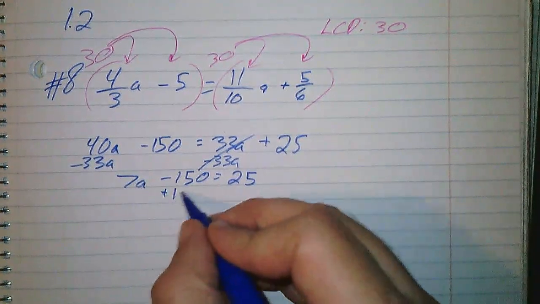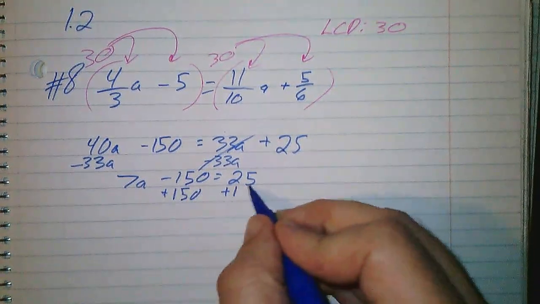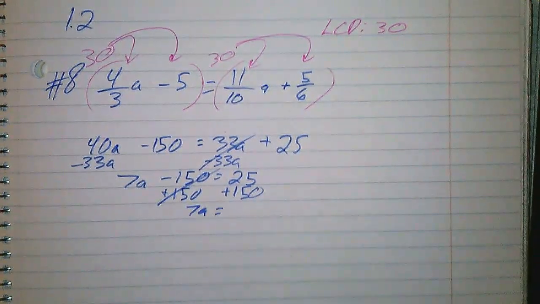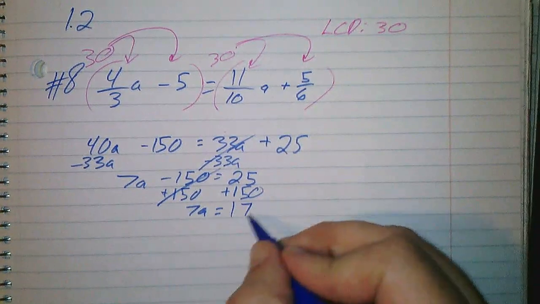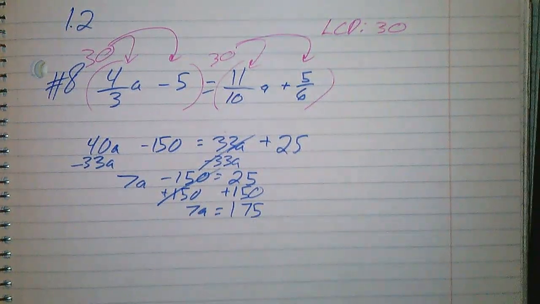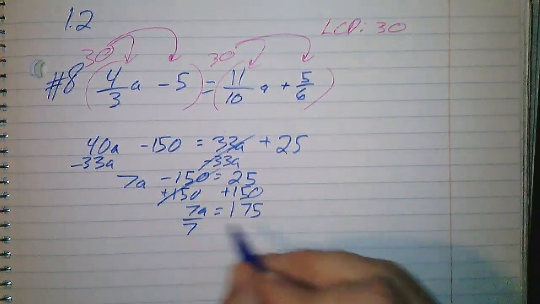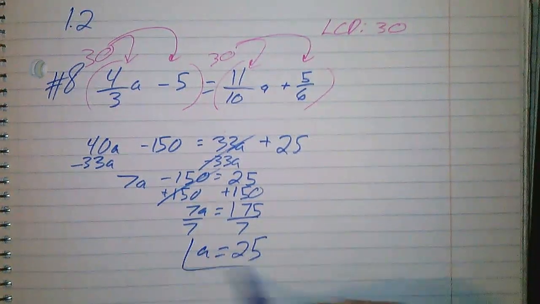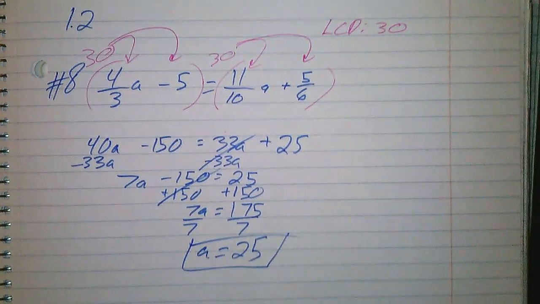We add 150 to both sides, so that 7A equals 175. And we divide both sides by 7. So that A equals 25.